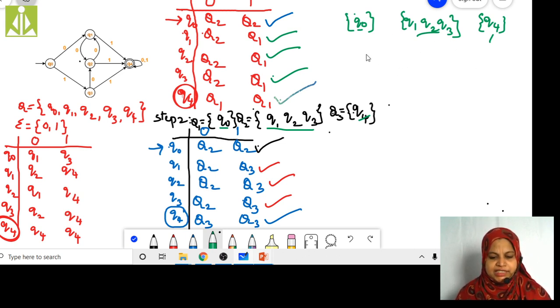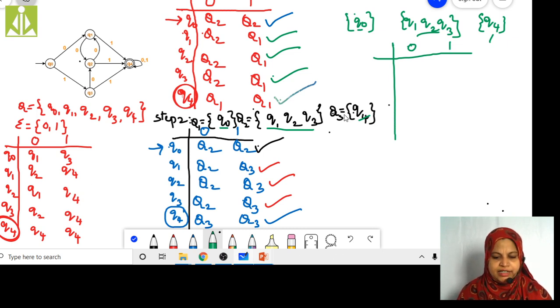Now I am going to draw this transition table. Zero, 1. How many number of states are there?